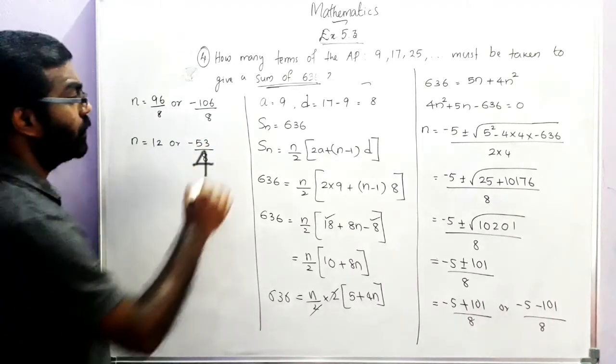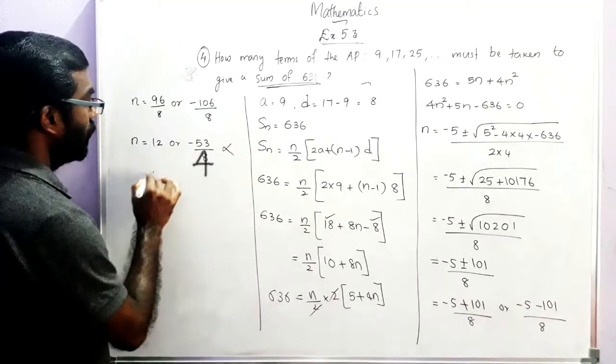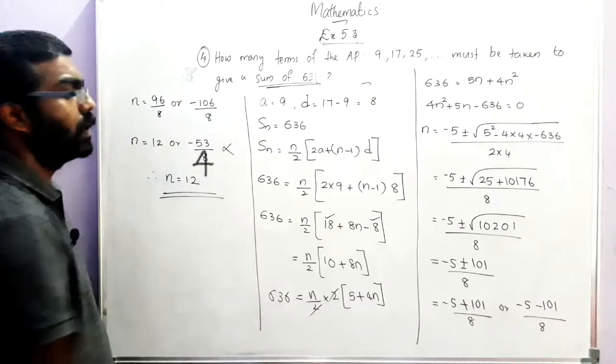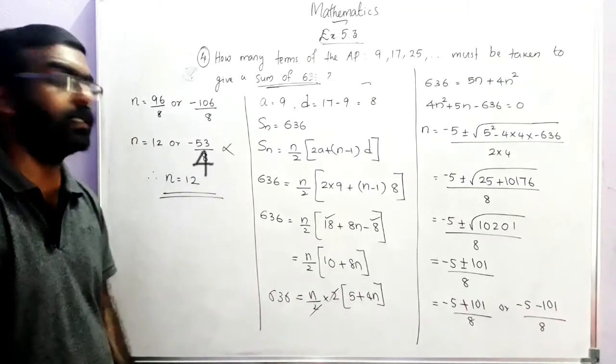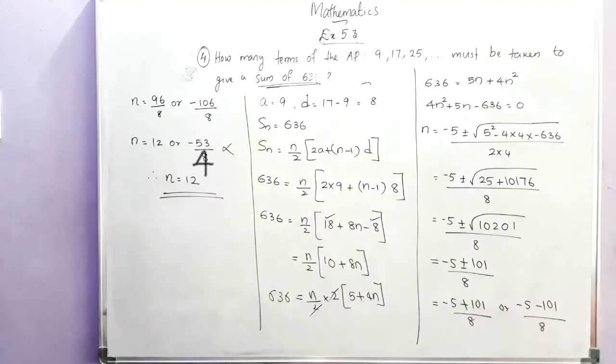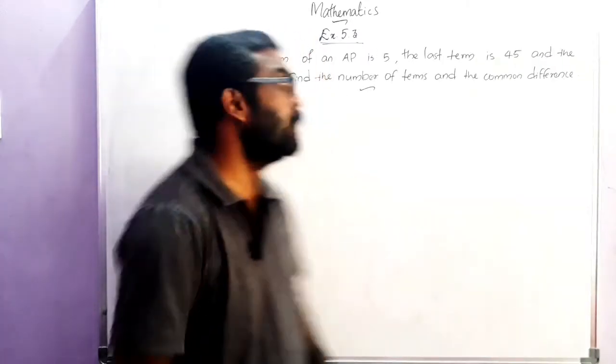Here minus 53 by 4 is not possible. Therefore the value of n is 12. So the number of terms is equal to 12. Understood? Now we move on to the next question.